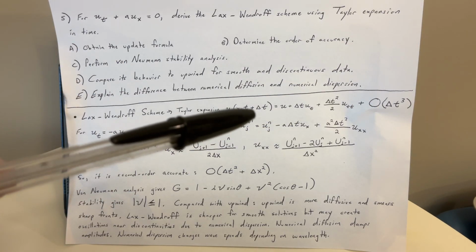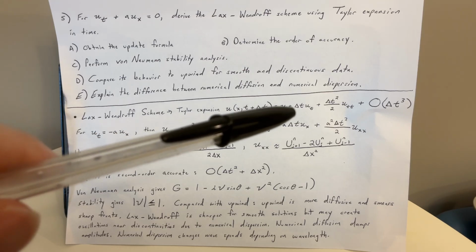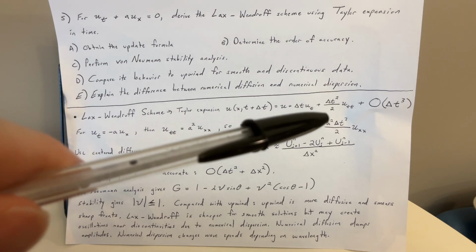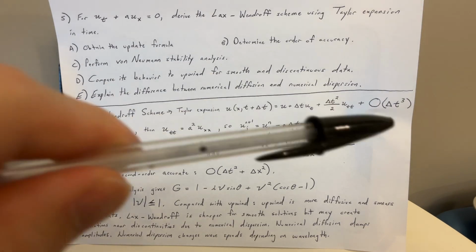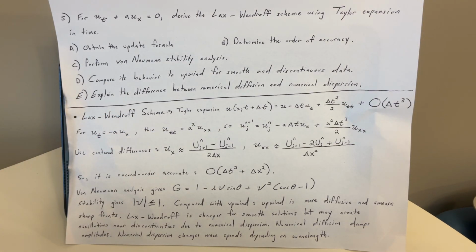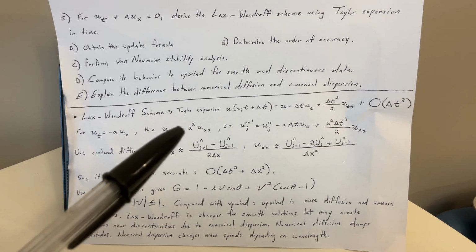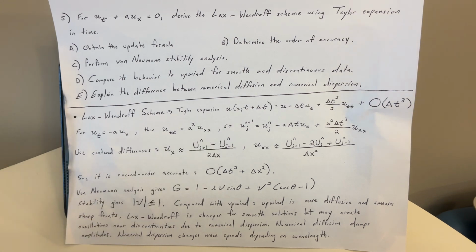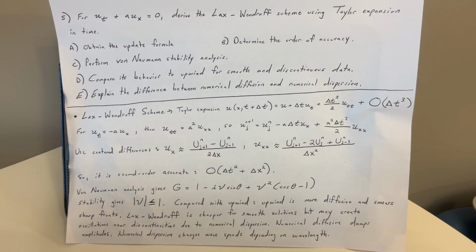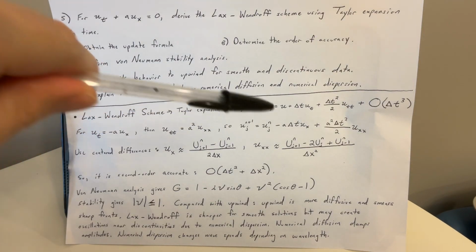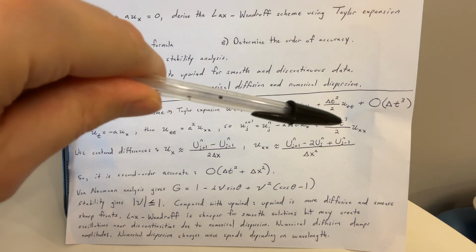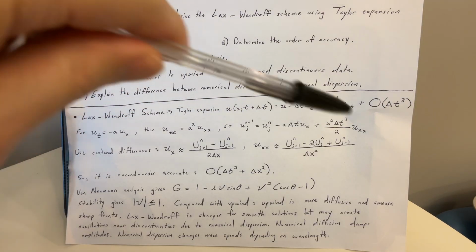Okay, u(x, t+Δt) = u + Δt u_t + (Δt²/2) u_tt + O(Δt³). And for u_t = -a u_x, then u_tt = a² u_xx. So u_j^{n+1} = u_j^n - aΔt u_x + (a²Δt²/2) u_xx.